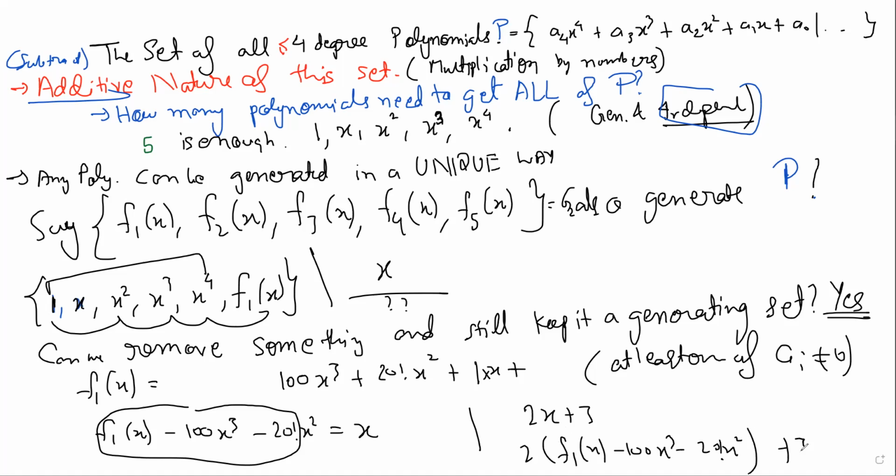And you see, now you have just used the constant, that is 1 times 3. You have used x squared, so you can use the 1, you can use the x squared, you can use the x cube, you can use f1x, you can use x to the power 4. Didn't need to here, but you can write 2x plus 3.